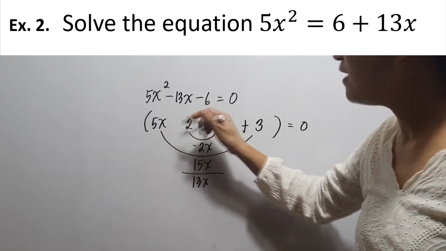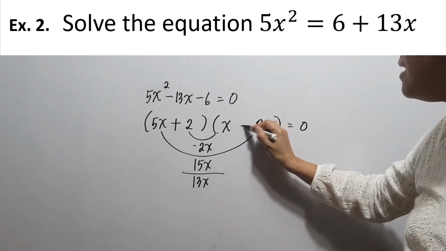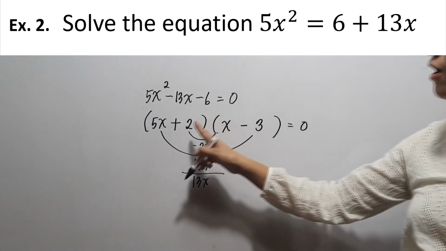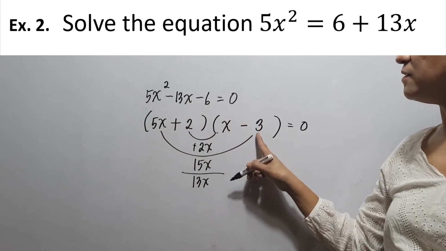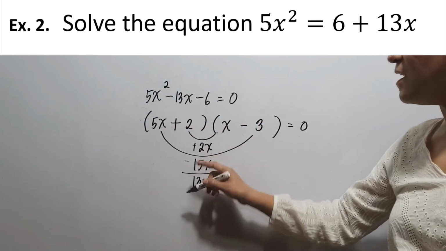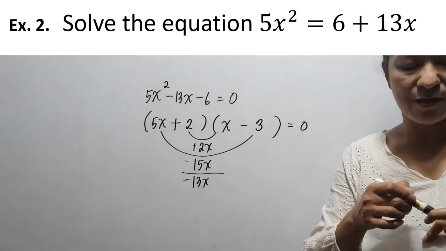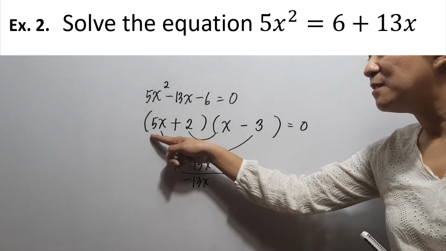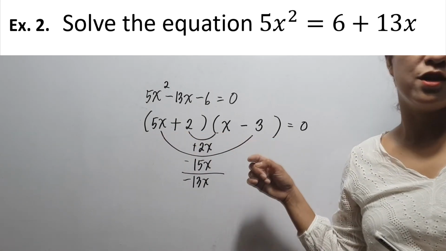So, this will become positive and this will become negative. So, 2 times x is positive 2x. 5x times negative 3, that is negative 15x. So, pag pinag-add, negative 13x. Kamukha na ng middle term. Alright, so these are the factors of the given trinomial.